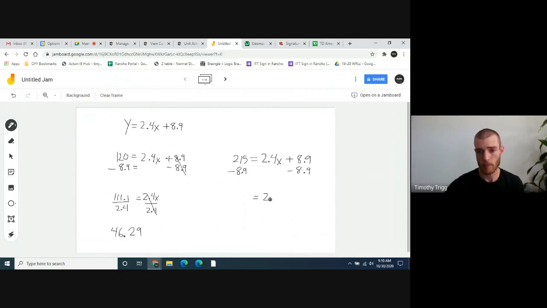So 2.4x on the right side. This cancels. And 215 minus 8.9 is 206.1. Then divide both sides by 2.4.